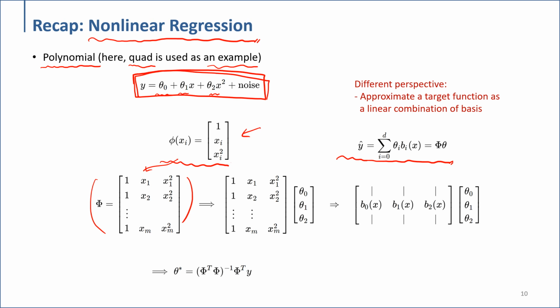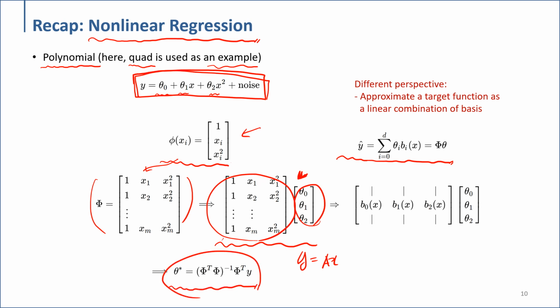The A matrix is nothing but these bases, and the x matrix is just our objective design parameter, which is the theta value. By constructing this y equals Ax form, we were able to solve for theta based on linear regression.